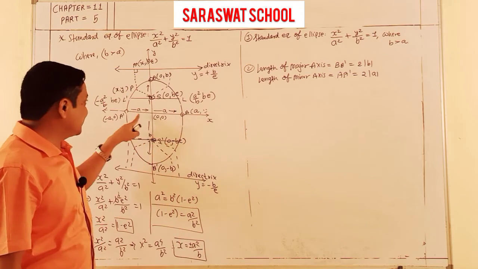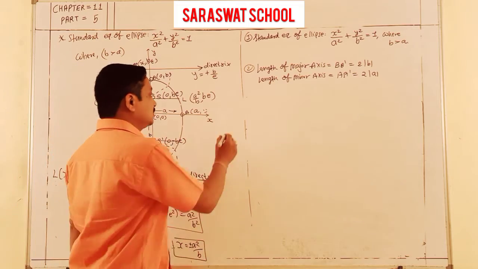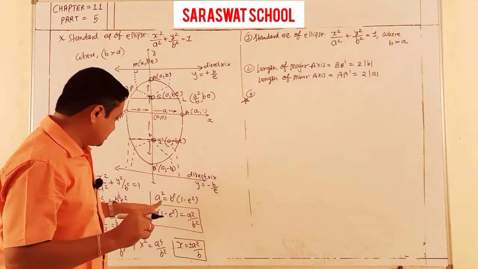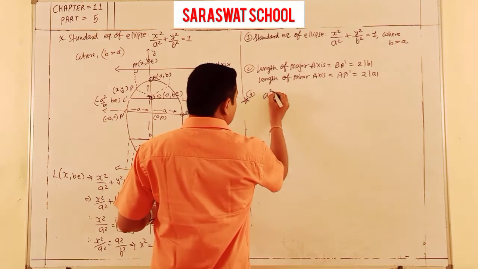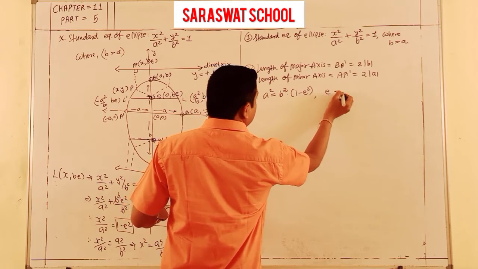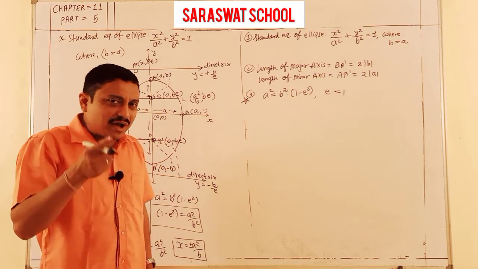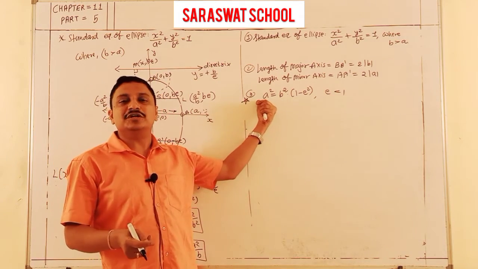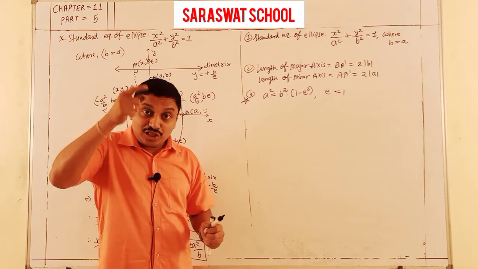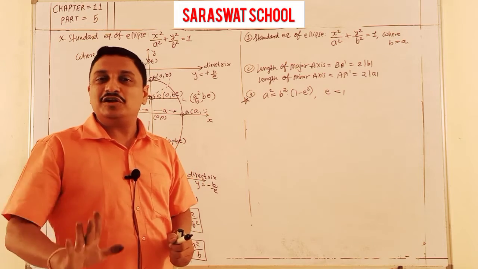This is the minor axis length. Now third is the main point. You will take a star, and that is the condition: a square is equal to b square times 1 minus e square, where e less than 1. Every time I again repeat this point number third must be used in the numerical, otherwise the numerical is not done.